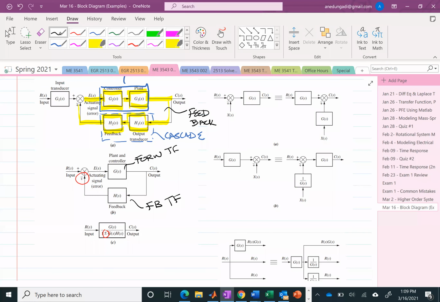Obviously, G here is what? From above, G is the equivalent cascaded transfer function.